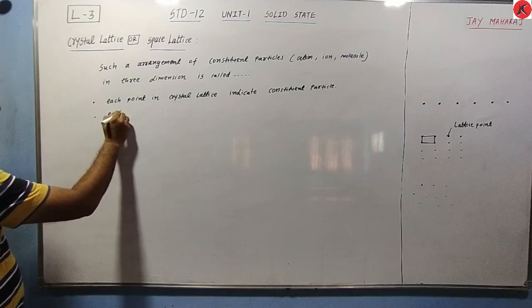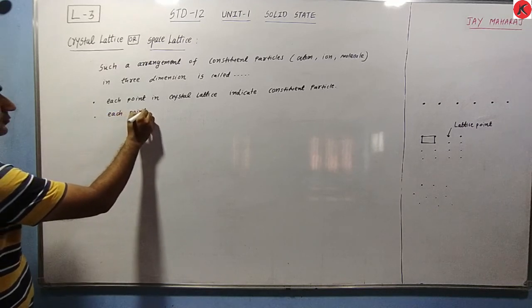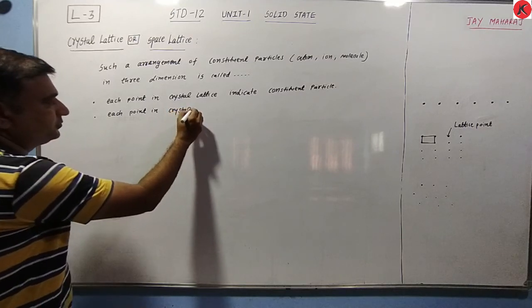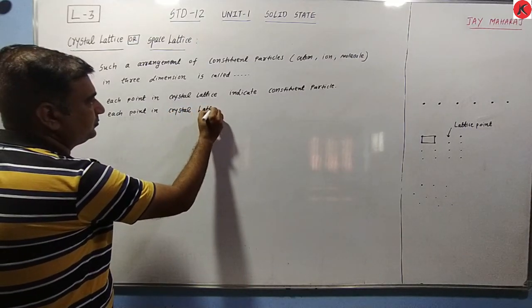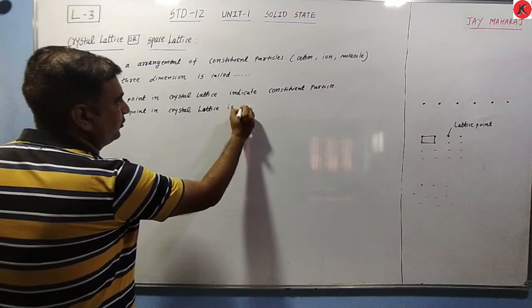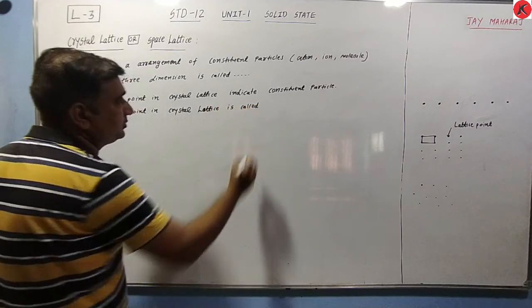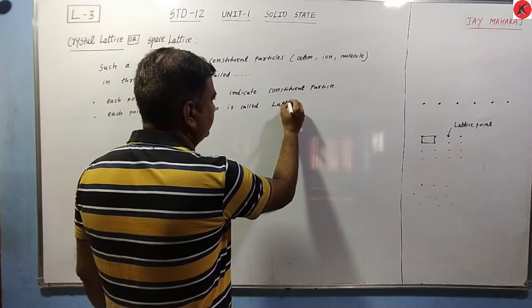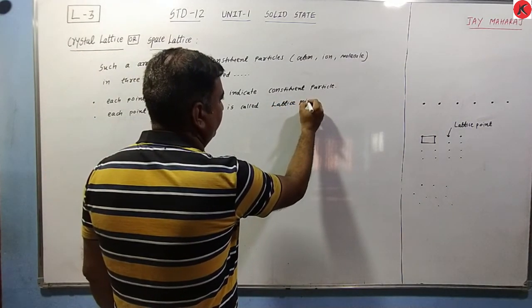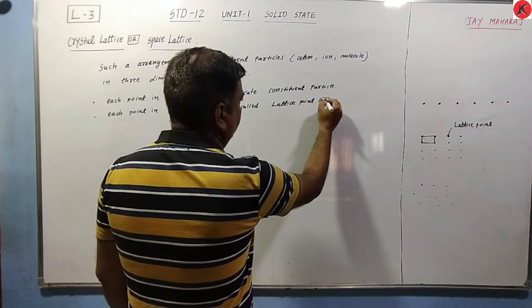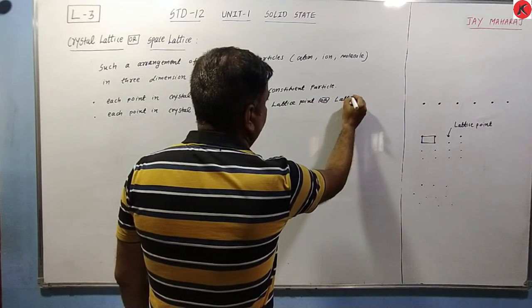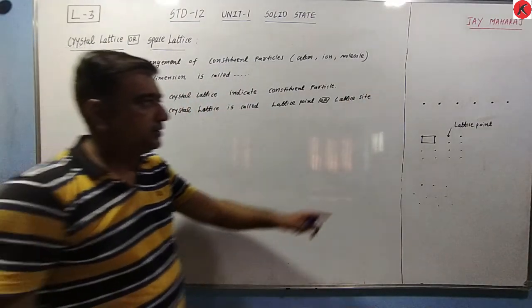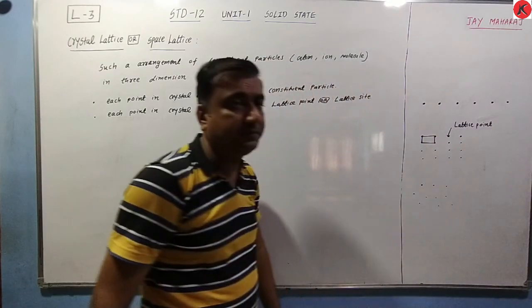Second, each point in crystal lattice is called lattice point or lattice site. So this is lattice point, otherwise lattice site.